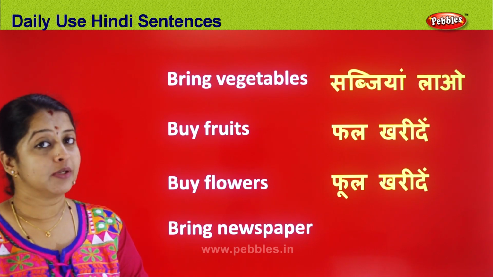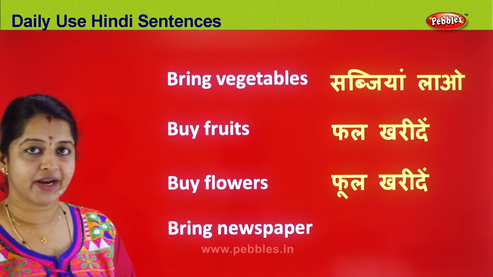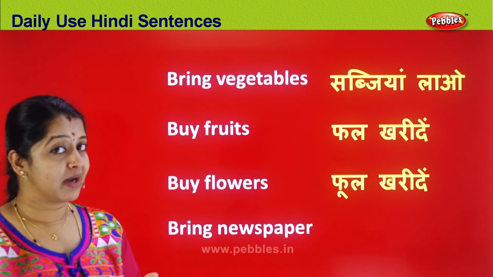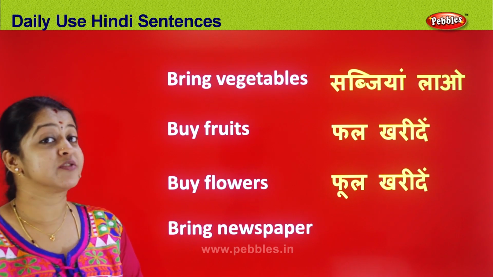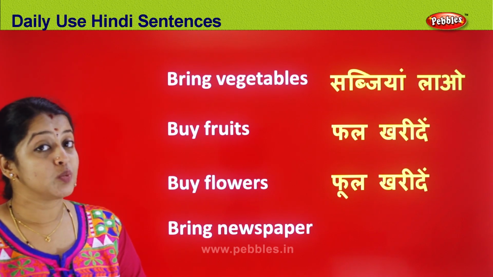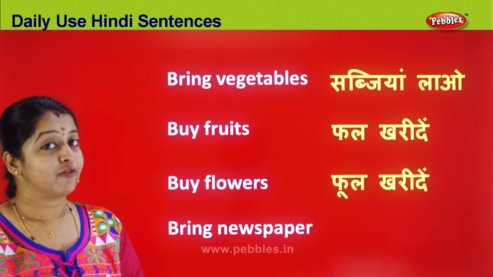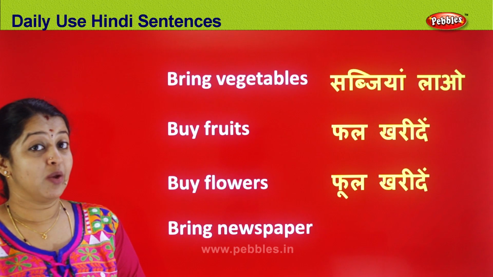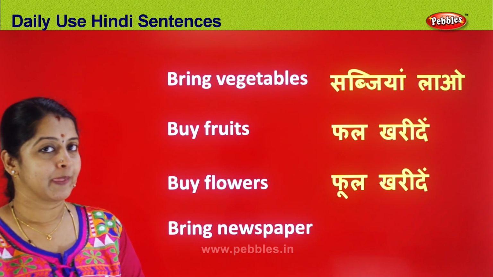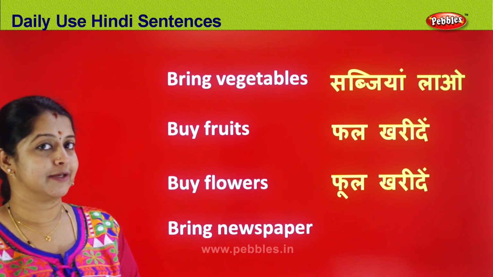Pitaji, fool kharide. Alright. So you have understood that for buying we use the word kharide, and for fruits we use fal, for flowers we use fool, and for vegetables we use sabjiyan. So if I have to say buy vegetables, I would say sabjiyan kharide.